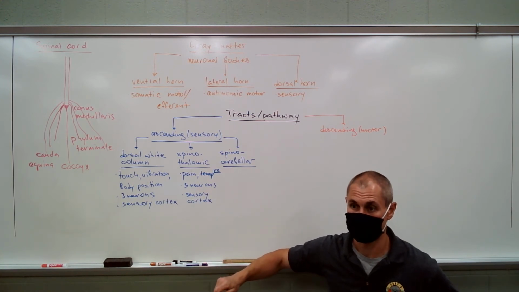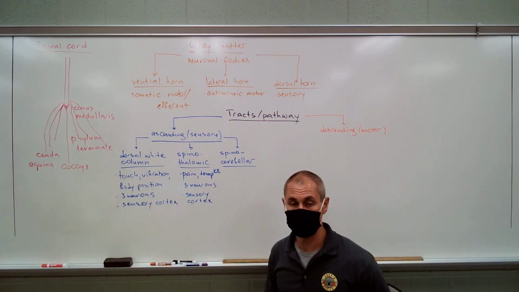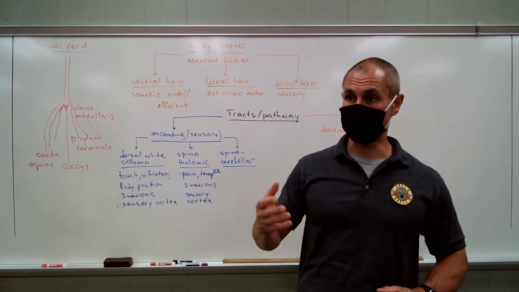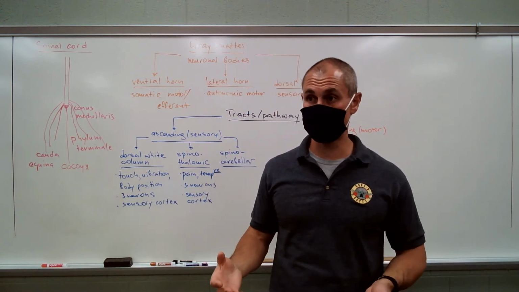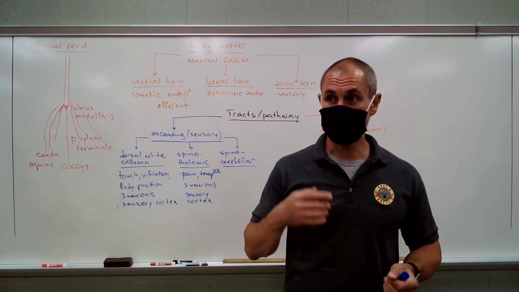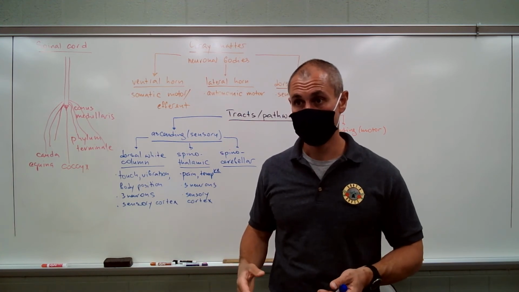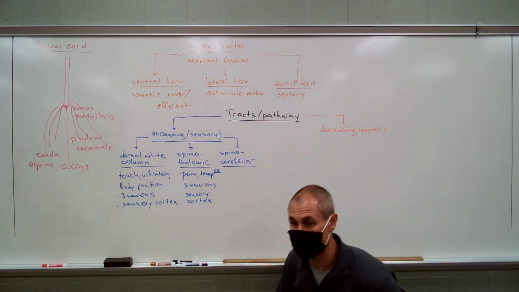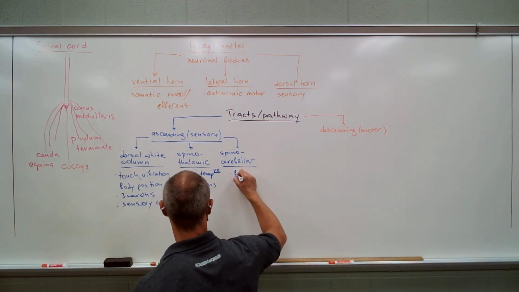What is the function of the spinocerebellar pathway? Remember last time we were talking about what the cerebellum does? It makes your movements precise. In order to do that, it has to receive the information about your body position. So this is exactly the function of the spinocerebellar tract.